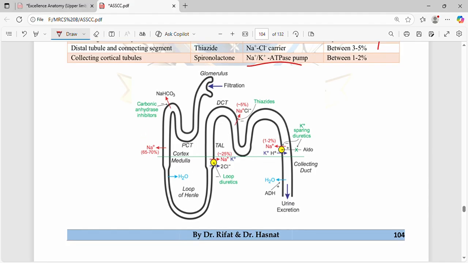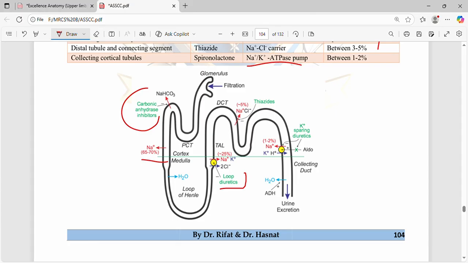Here you can see again that carbonic anhydrase inhibitors work on the proximal convoluted tubules, and 65 to 70% of the sodium is reabsorbed in the proximal convoluted tubule. Then we have the loop of Henle, where the furosemide or loop diuretics act. 25% of sodium is reabsorbed here, so it blocks reabsorption at this level.